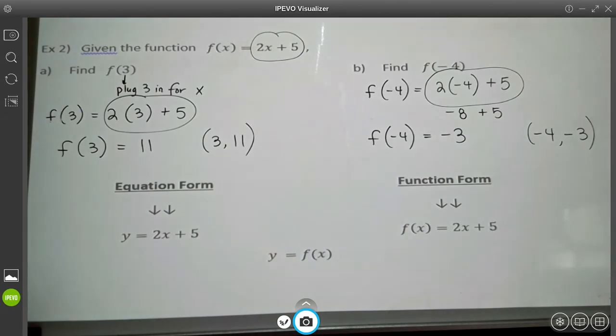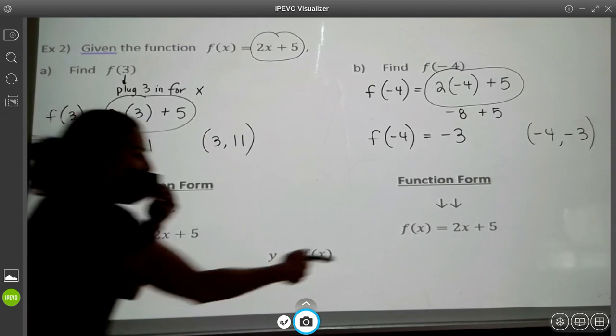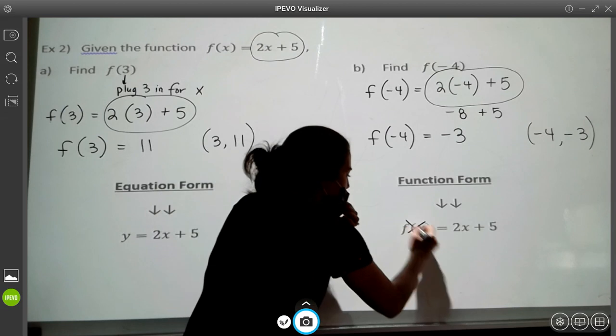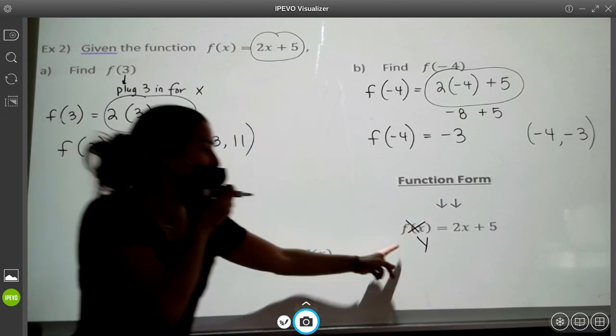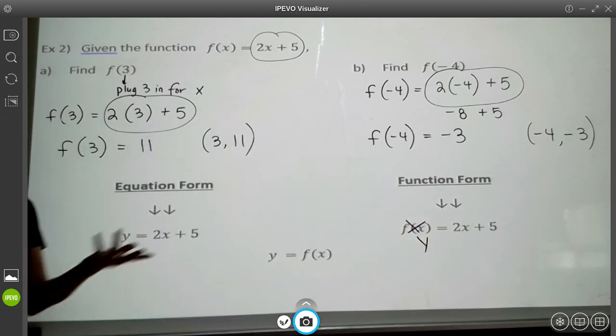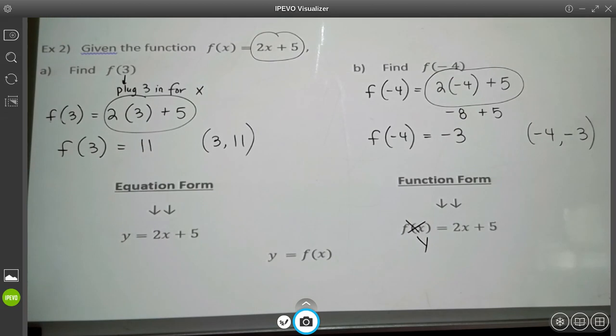In math, you're allowed to interchange a y with an f of x, or interchange an f of x with a y. So in the future, if you get a function and you're like, nope, not doing it, if you want to put a y there and turn it back into an equation, go ahead. It's the exact same thing, if that makes it easier for you to think of, okay?